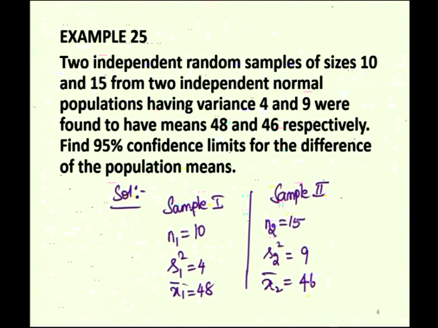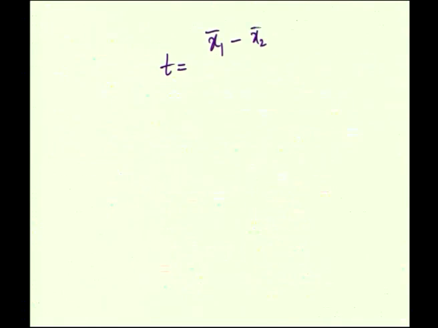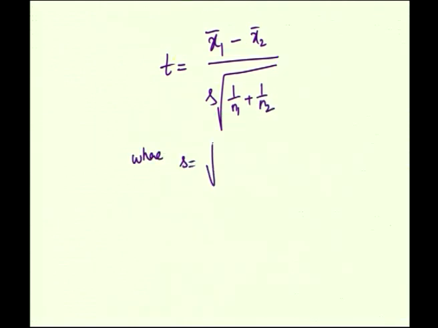So, the difference of population mean formula is given by t is equal to x1 bar minus x2 bar by s into root of 1 by n1 plus 1 by n2, where s is equal to root of, when the values are given directly, this is the formula, n1 s1 square plus n2 s2 square by n1 plus n2 minus 2. n1 is 10, right?